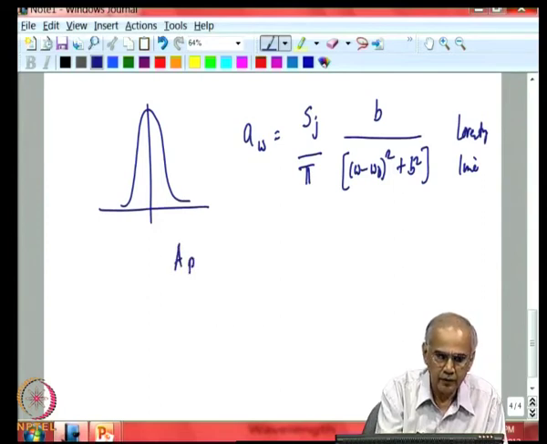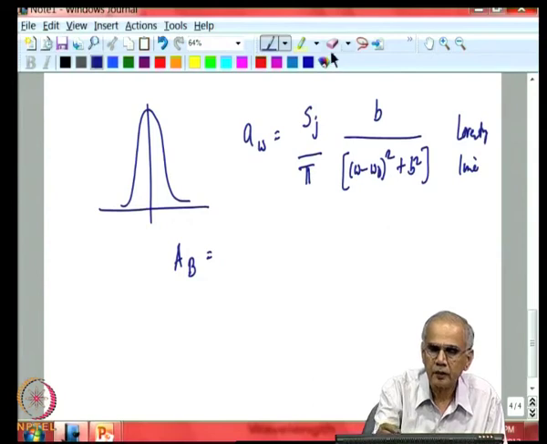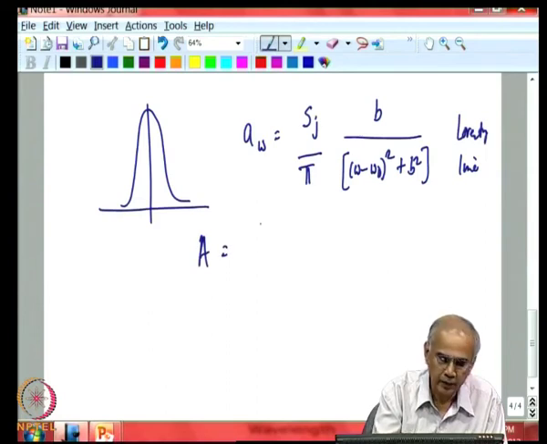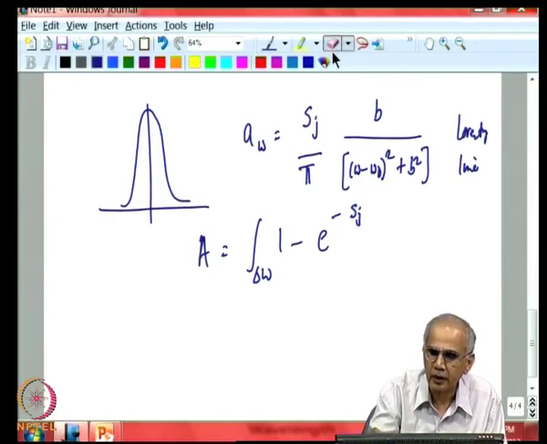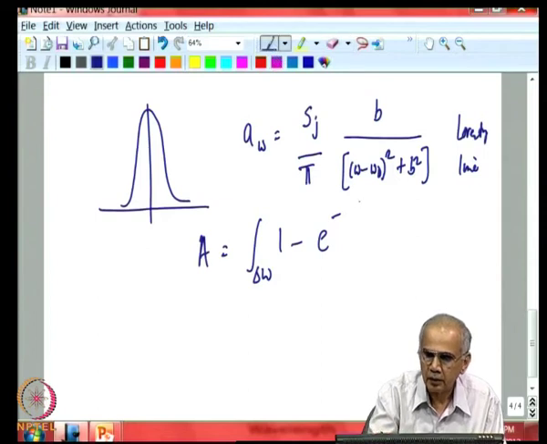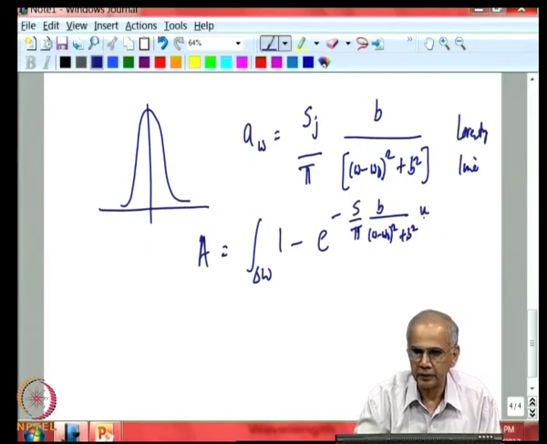Then your A, for a single Lorentz line, let us call it A right now, this is not a band, this is only a line, absorbed on a single line will be nothing but the integral over omega of 1 minus e to the power of minus S j, we will just call it S for the time being, because we are not looking at it right now, S by pi b over omega minus omega 0 squared plus b squared into u, okay, where u is the path length.